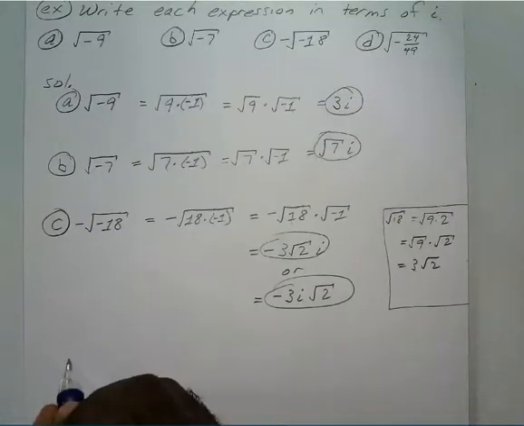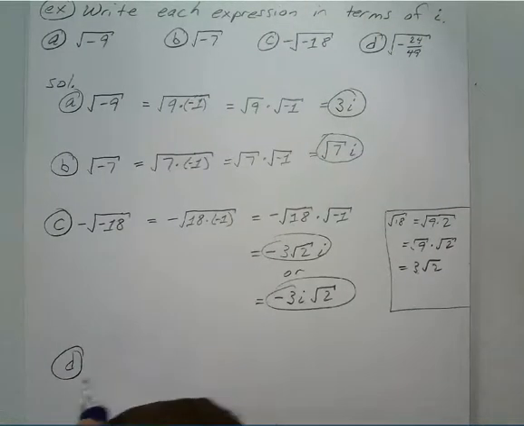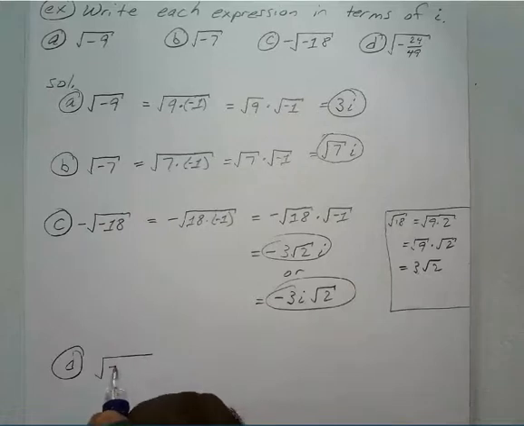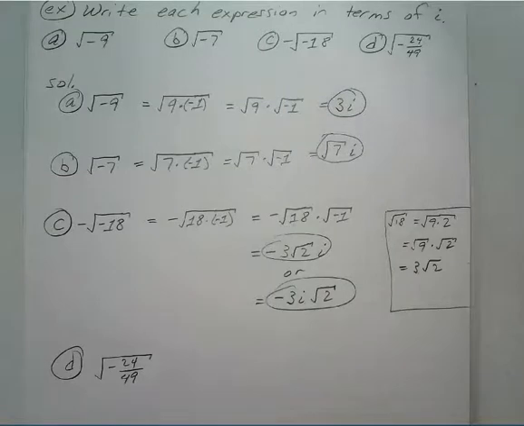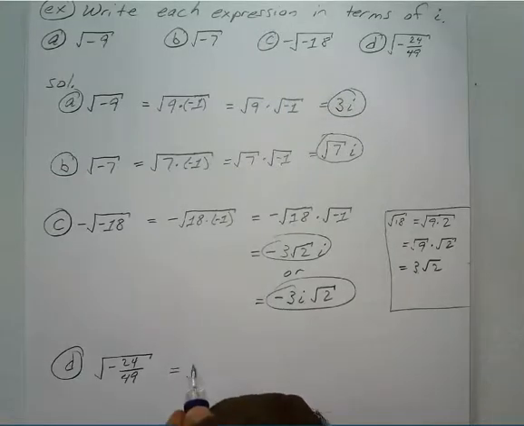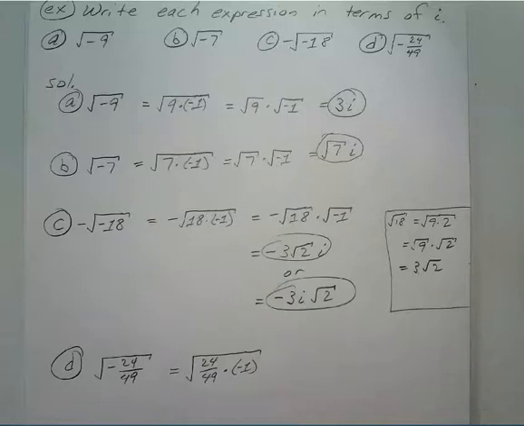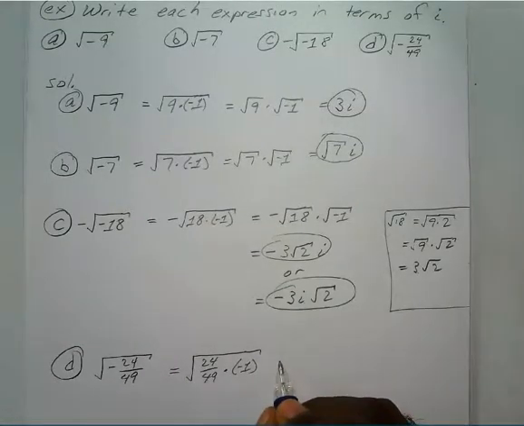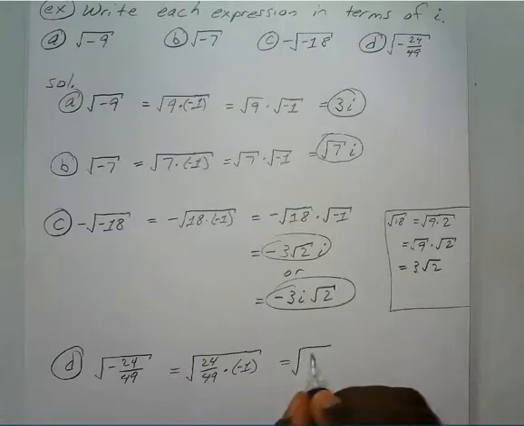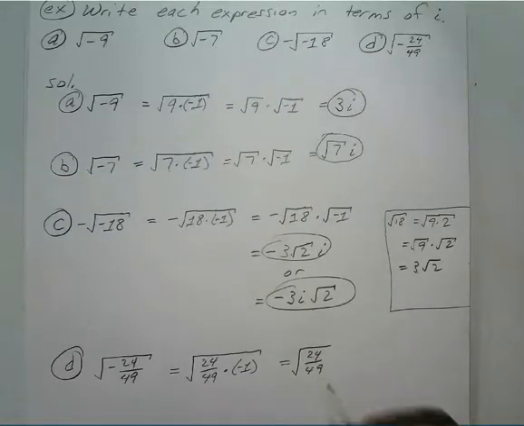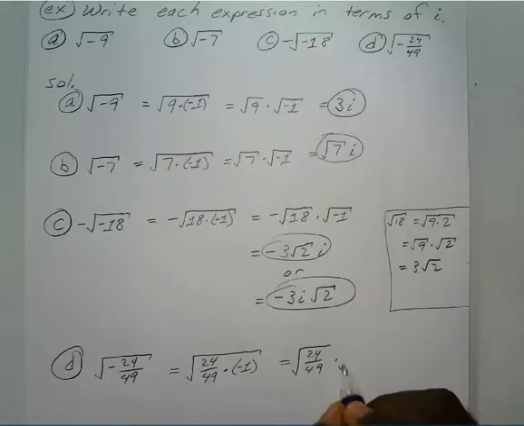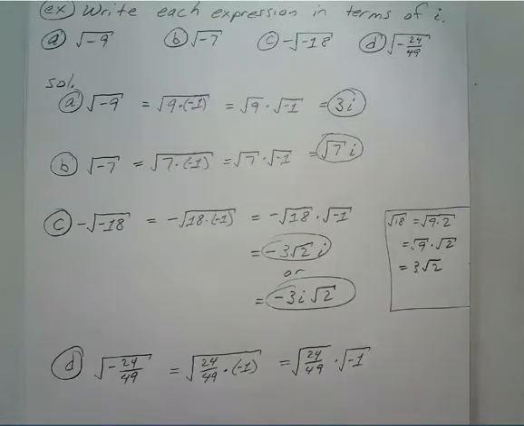Okay, and for problem D, if you have the square root of -24 over 49, remember that's the same as saying the square root of 24 over 49 times -1. Which means you can go ahead and just separate those two. And you will get the square root of 24 over 49 times the square root of -1.